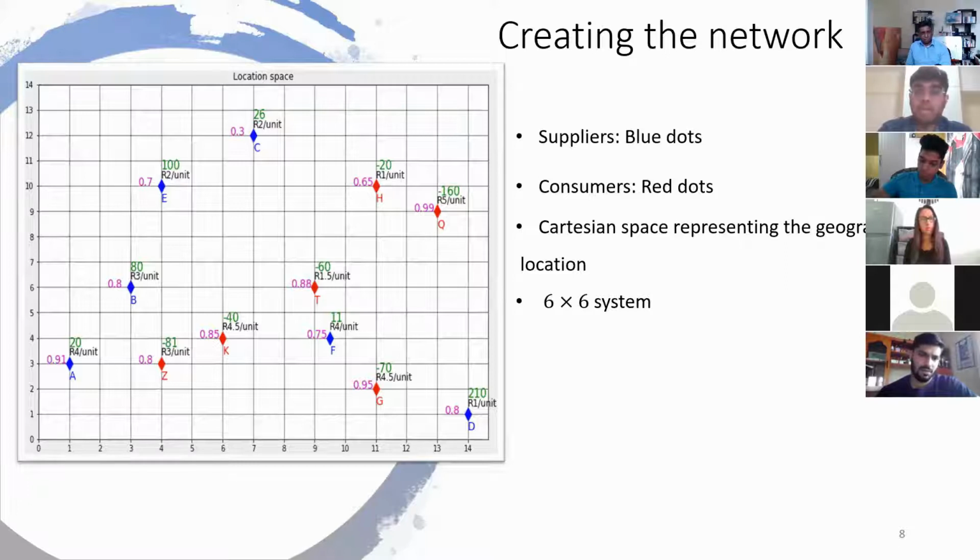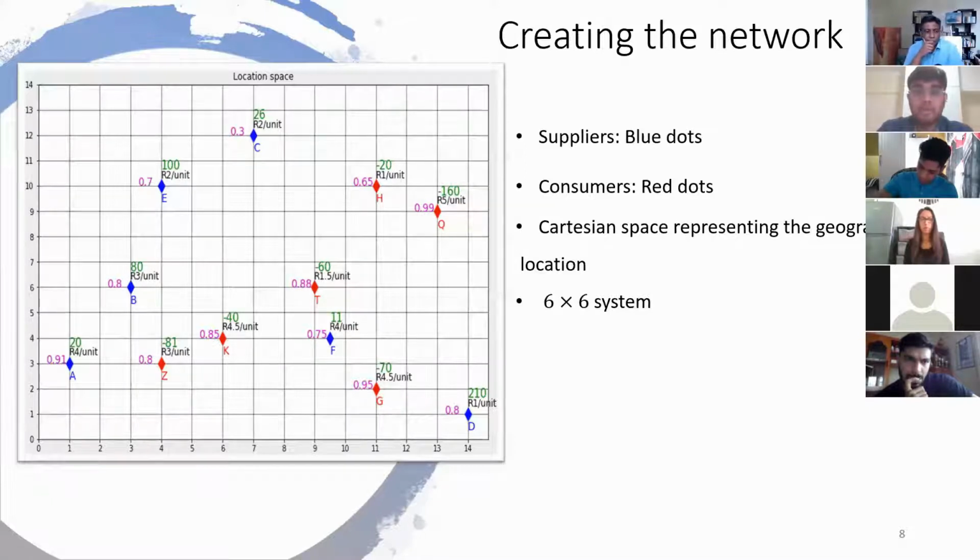Negative values are allocated to reflect that a demand is required. And the geographical location of each company is represented by Cartesian coordinates. And in magenta, you have the percentage purity of the byproduct resource. There are 6 suppliers here and 6 consumers, and we can call this a 6x6 system.